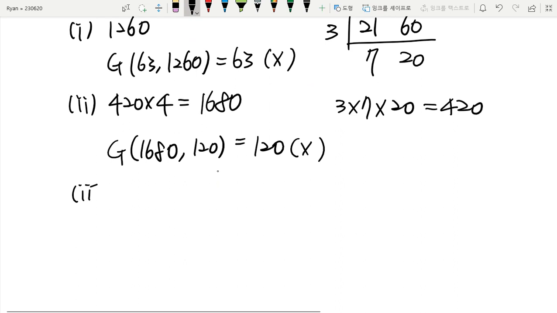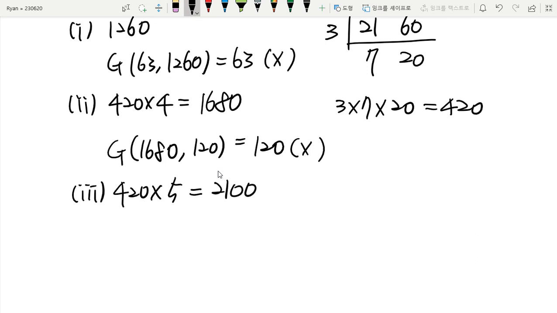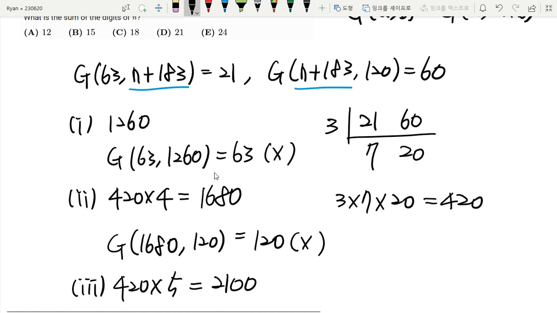And what's the next multiple of 420? 2100, and in this case the GCF between 63 and 2100 is 21, and the GCF between 2100 and 120 is 60.